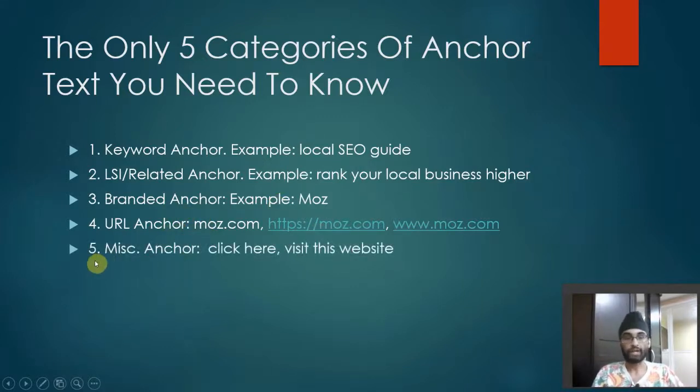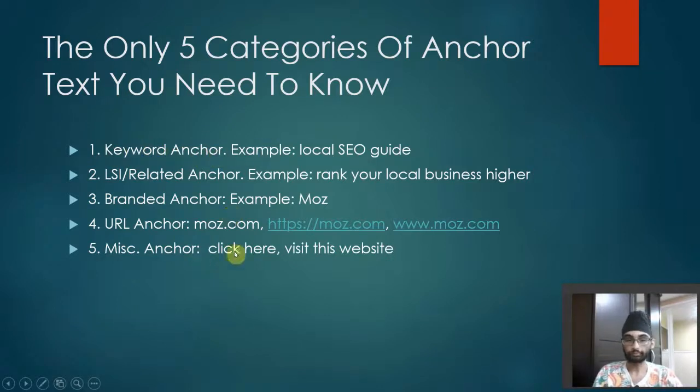And the last category of anchor text is called miscellaneous anchor text. These are anchor texts which are completely irrelevant to your content that you want to rank for. It's not related to your content, and it doesn't contain any part of your keyword.